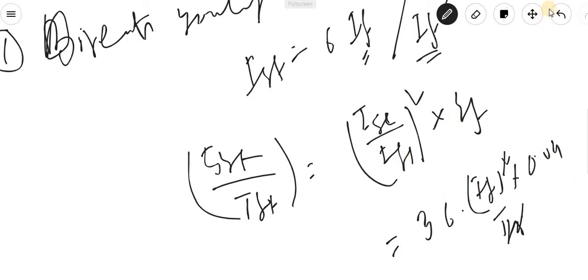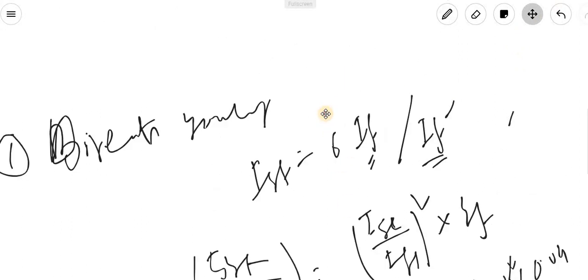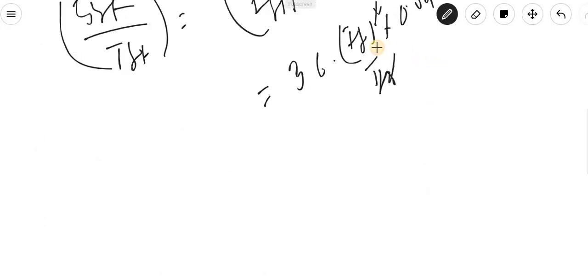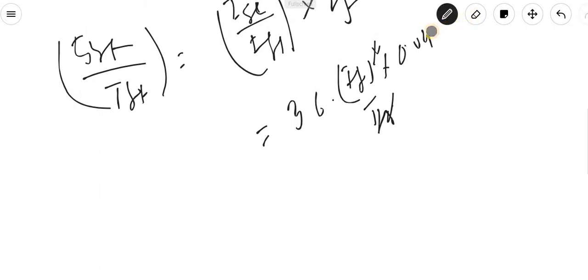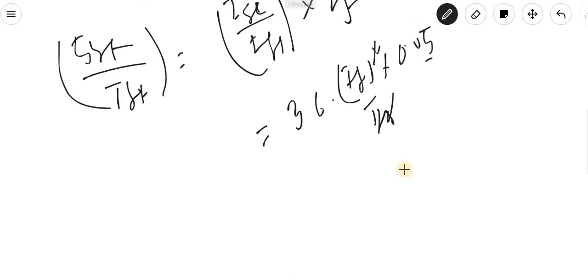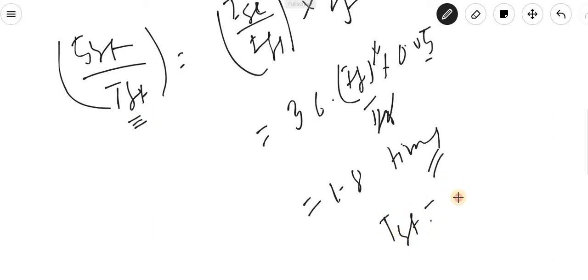How much was the slip given? The slip is 0.05. So 36 into 0.05 is 1.8 times. So starting torque is 1.8 times of full load torque.